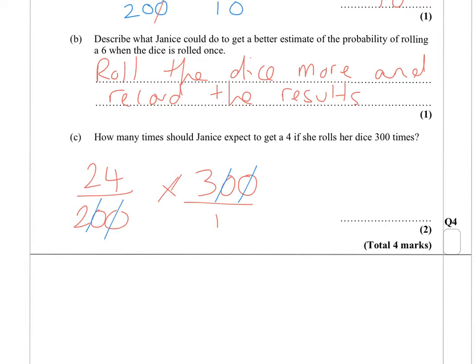And then we could rewrite that as 24 divided by 2, which is 12, times 3, which is 36. So 2 marks available: 1 is for the calculation, 1 is for the answer. It's the probability times the number of times you roll the dice. Like I say, with a calculator, it's dead easy. Non-calculator, it is a bit harder, guys.